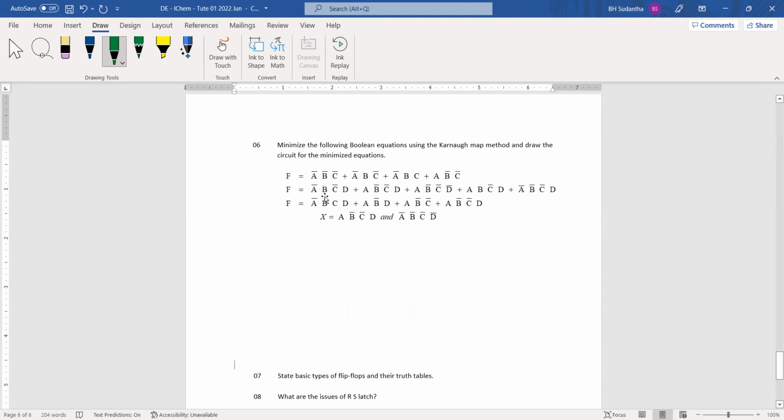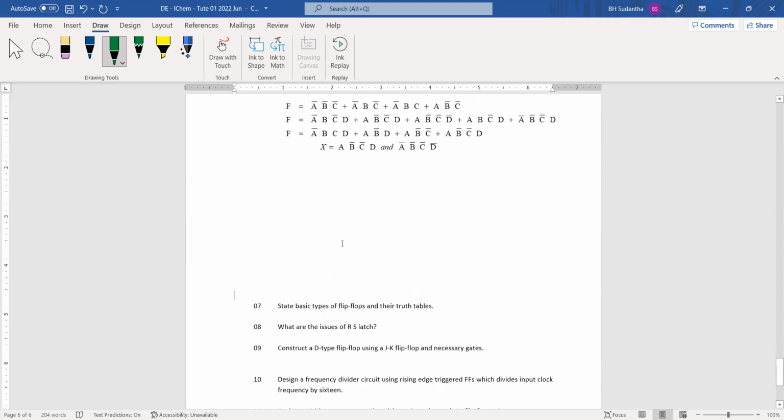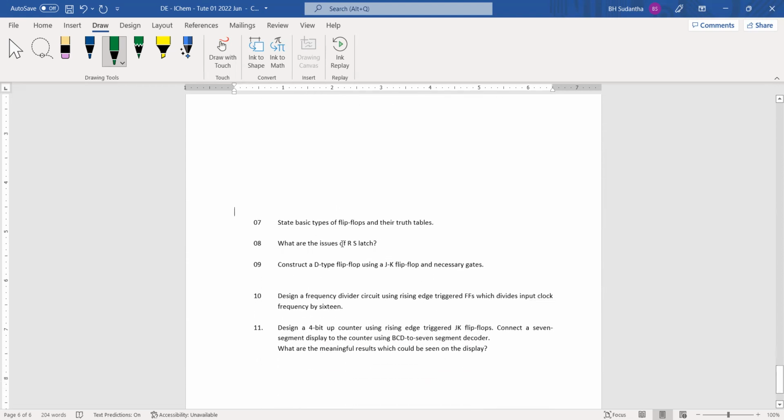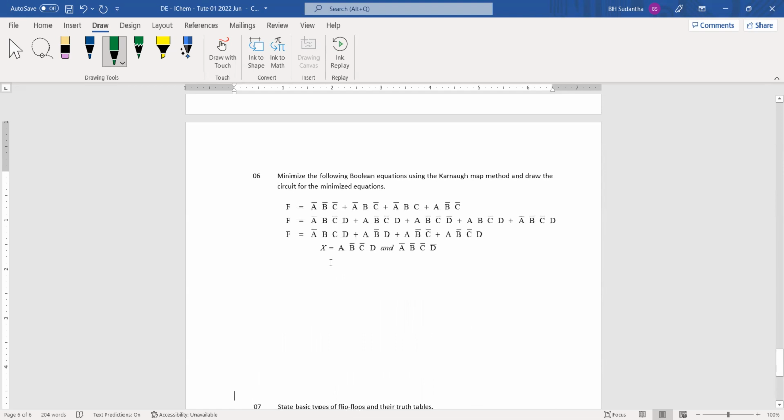Okay. I think there is nothing new from this first one and second one. But the third one, there is something, and we will try this third one first, and we can go down. And if we have enough time, then we can come back to this one again. Okay.